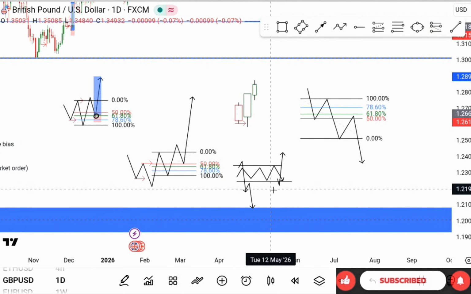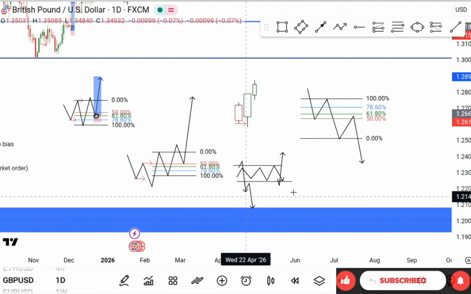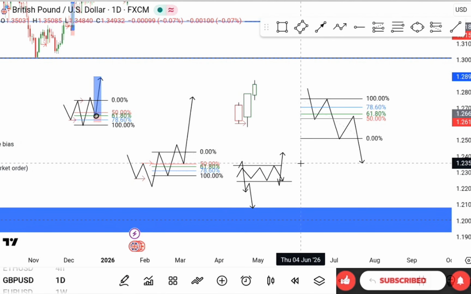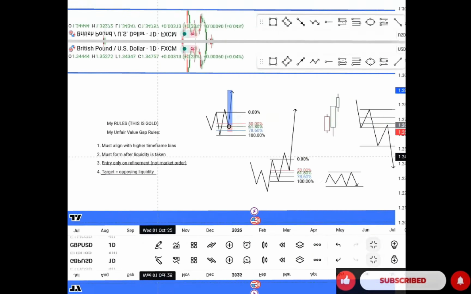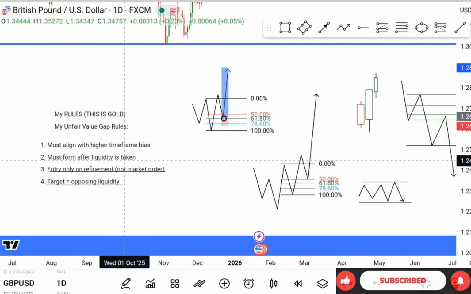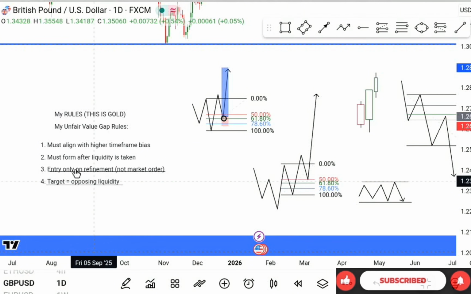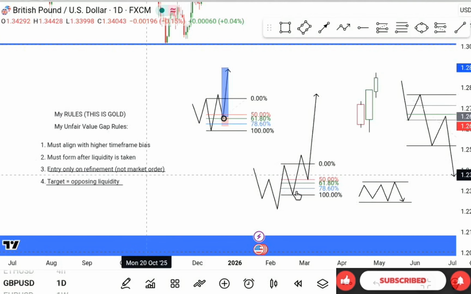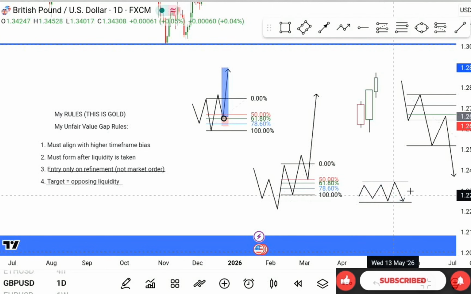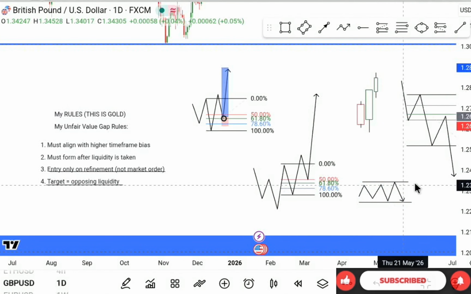Second bias, to know the fair value candle that works. Always use the fair value candles that sweep liquidity. First one, go with the bias, the one that is aligned with the higher time frame.